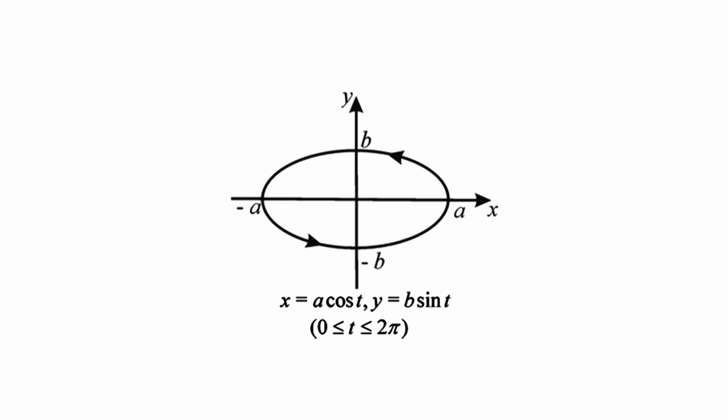The numbers a and b are called the semi-axes of the ellipse.